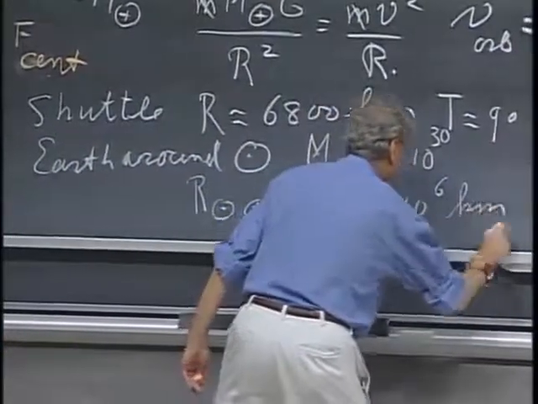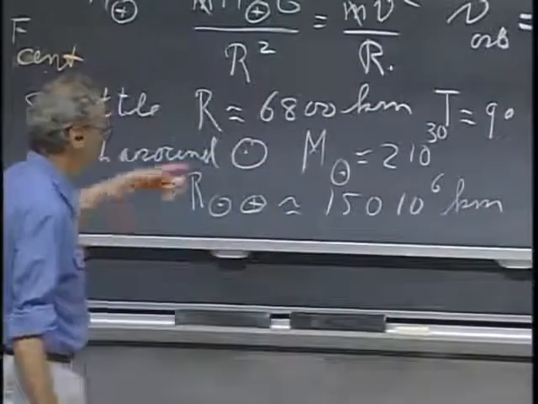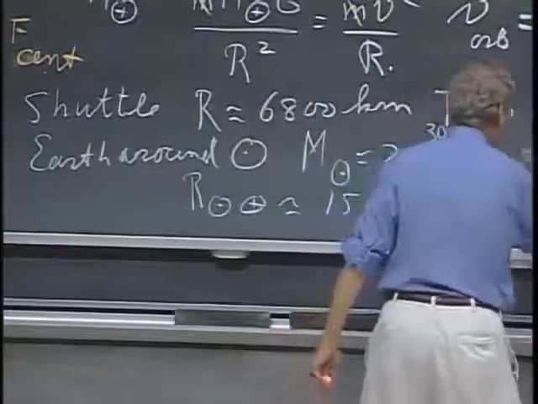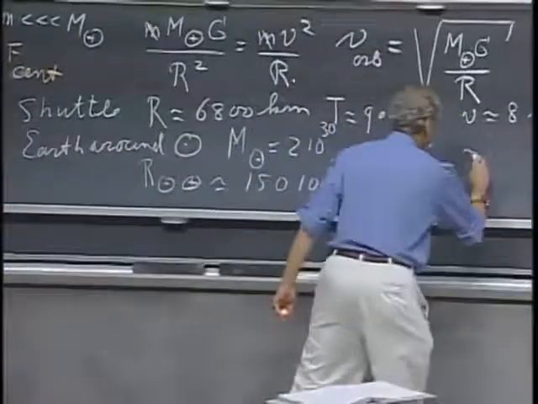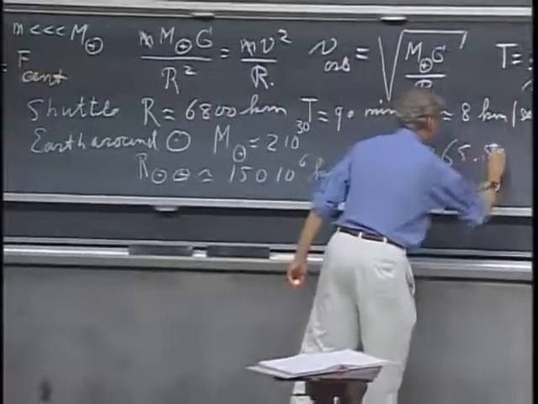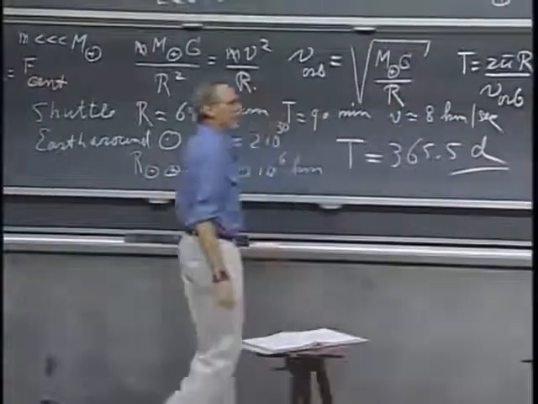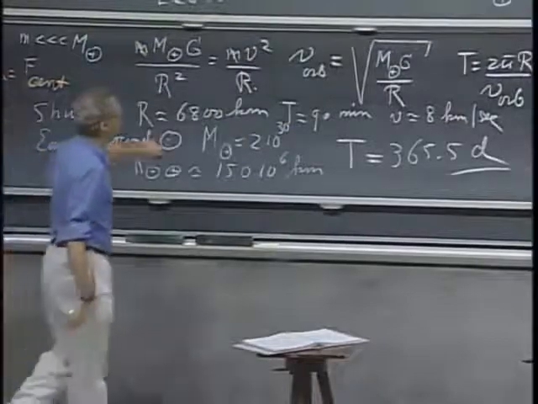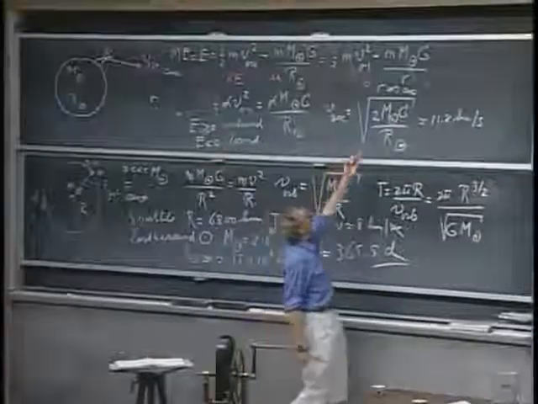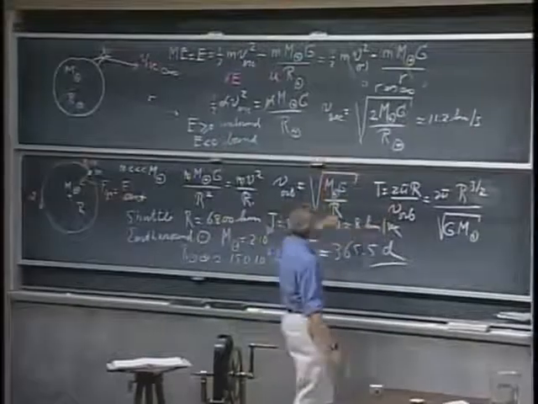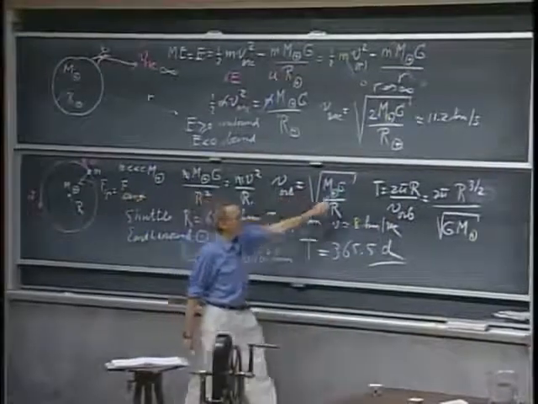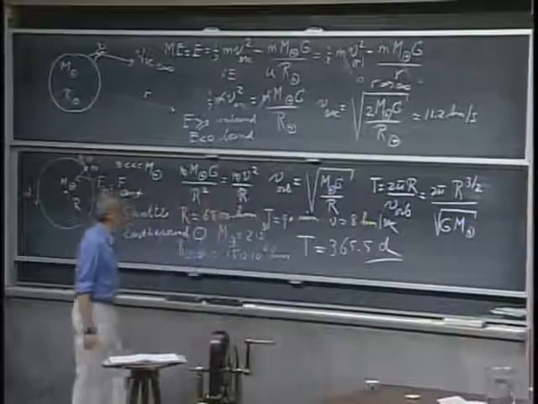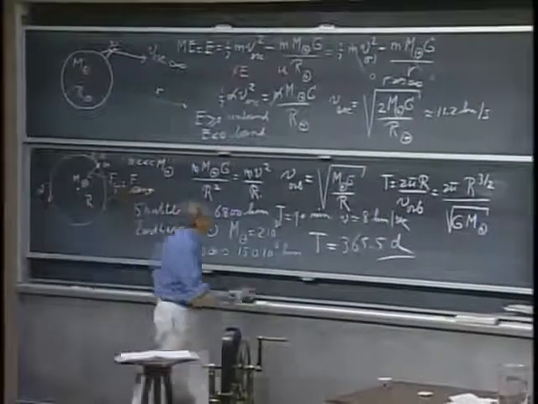Forgive me for mixing up meters with kilometers, but you have to convert that, of course, to meters. And when you calculate how long it takes the Earth to go around the sun, no surprise, you'll find 365.5 days. So it's simply substitution of these two quantities in the equations that I have here. The velocity of the Earth in orbit is about 30 kilometers per second.